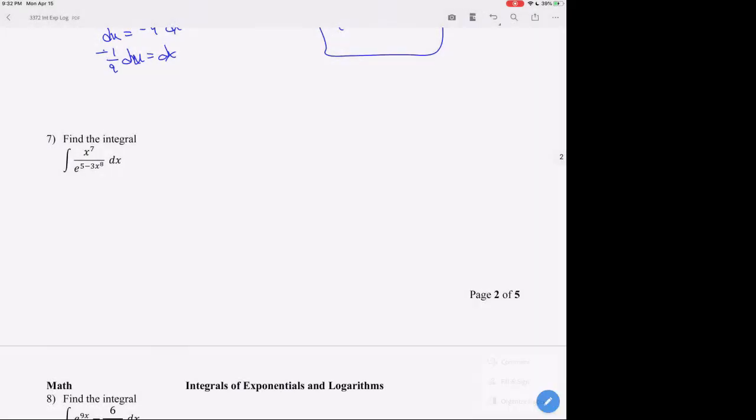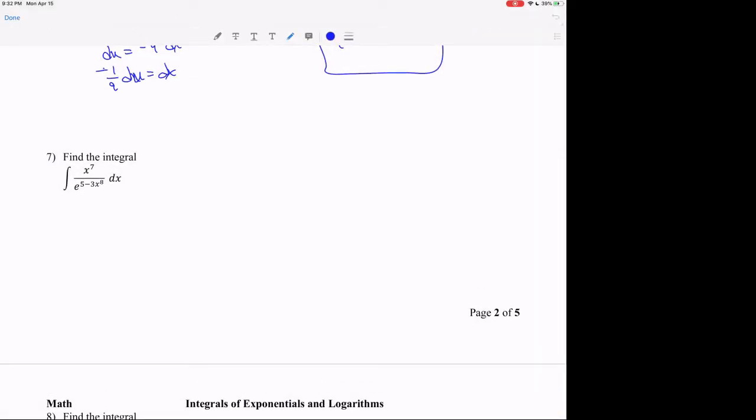Now we have something a little more complicated, but you want to rewrite it first, all right? So this is the integral of x to the 7th e to the negative parentheses 5 minus 3x to the 8th dx.